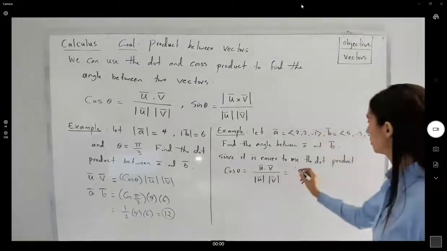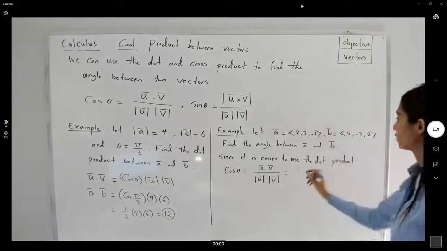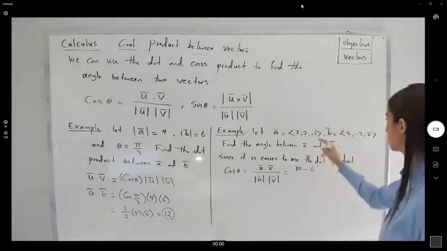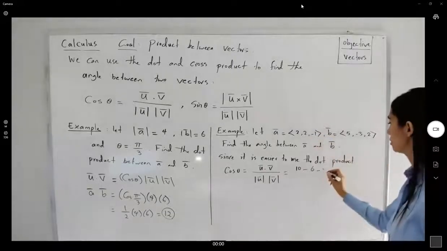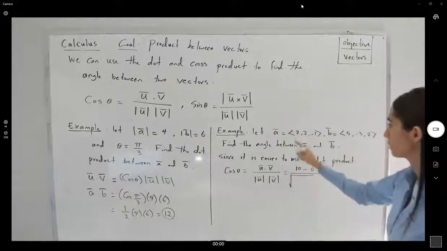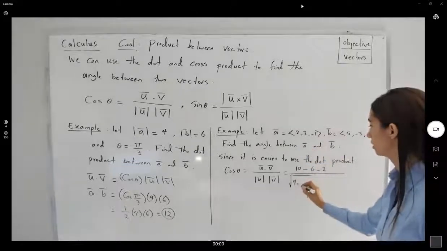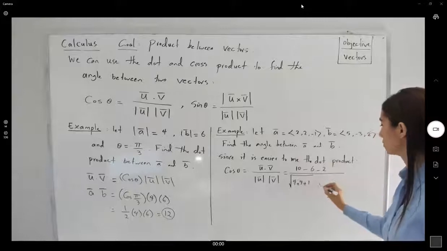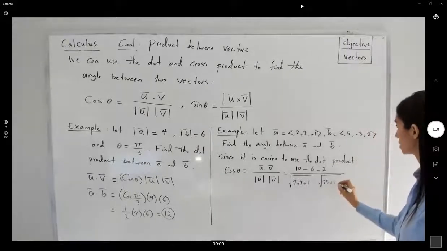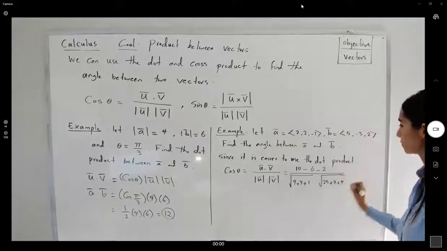On the numerator, we have 2 times 5, 10, 2 times negative 3, negative 6, negative 1 times 2, negative 2, divided by the magnitude of the first vector, 4 plus 4 plus 1, times the magnitude of the second vector, 25 plus 9 plus 4.